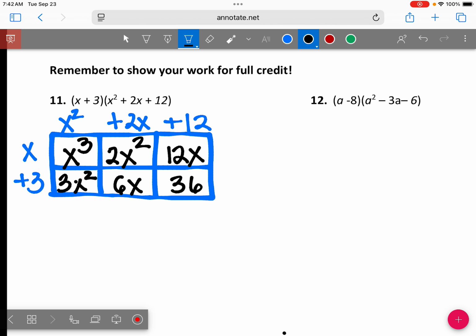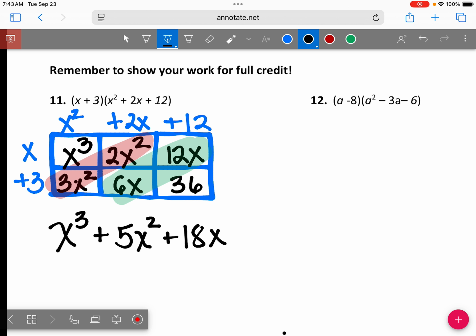Then when we add our like terms, these are like terms because they're both x squared, and these are like terms. So my final answer would be x cubed plus 5x squared plus 18x plus 36.